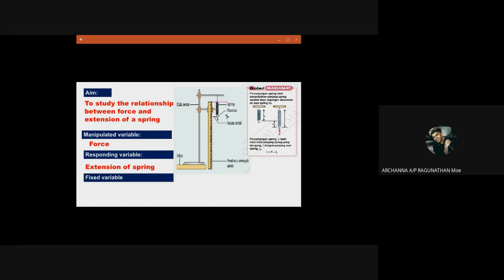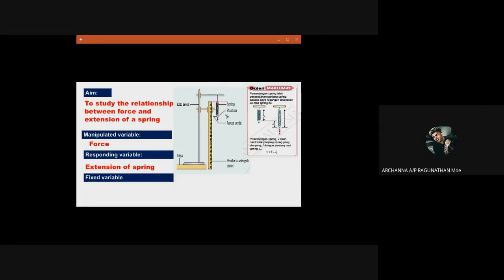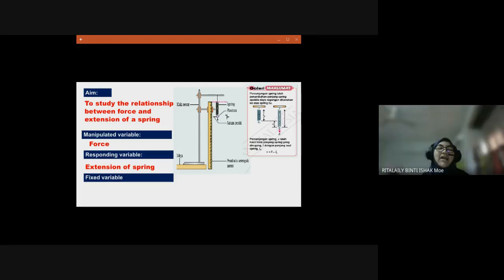I think the height of weight is incorrect, because how do you measure from the bottom to the spring? Yes, true. You have an idea, but we cannot use height of weight as our variable.